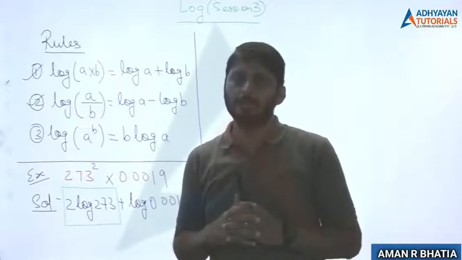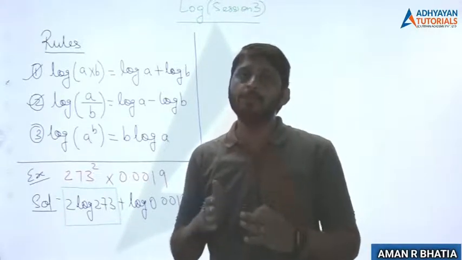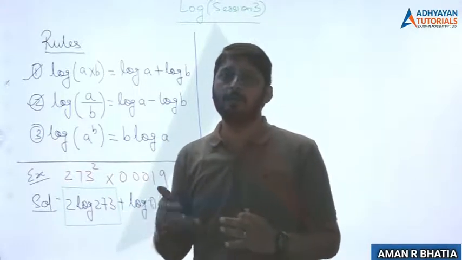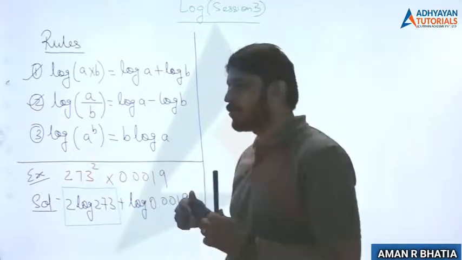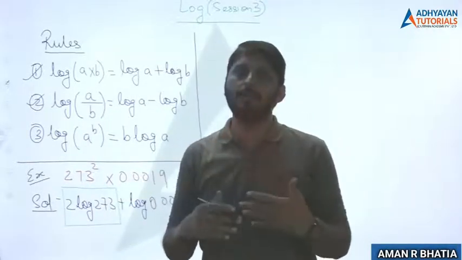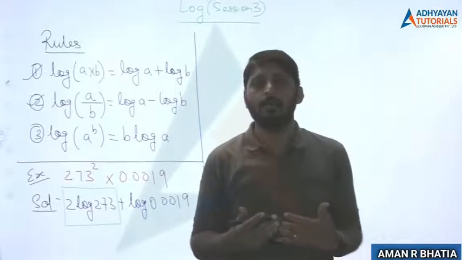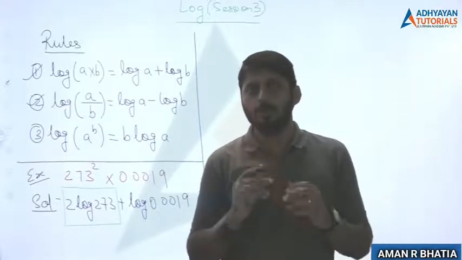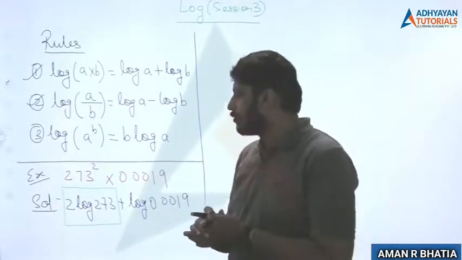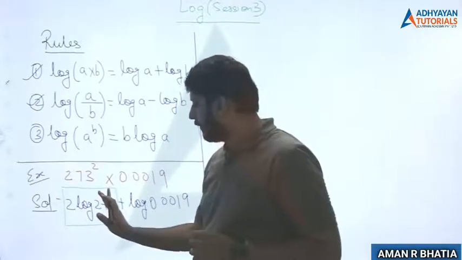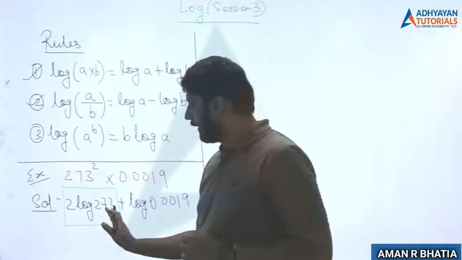Whatever is comfortable to you, you may use it. I may use different approaches depending upon the different questions on how my calculation is going to go, and that you will pick up as and when you practice more and more questions. Alright, so don't worry about it. Let us take any of the approaches here. For start, we will always take the log value of this number and then multiply it with the power, whatever it is.